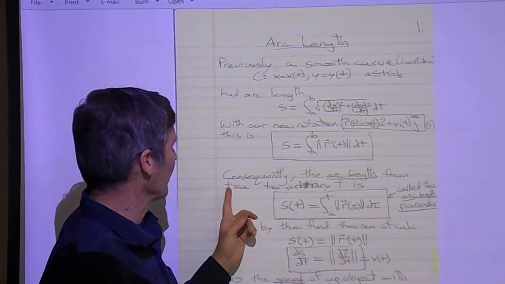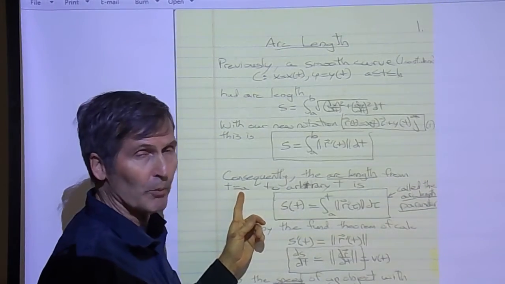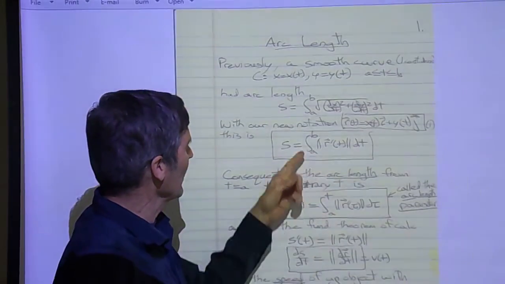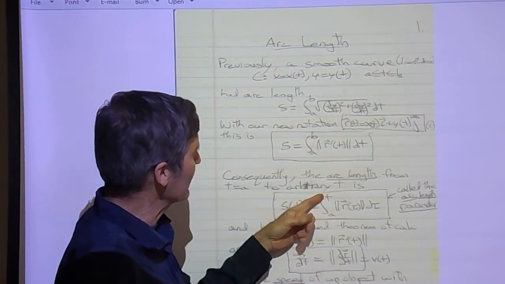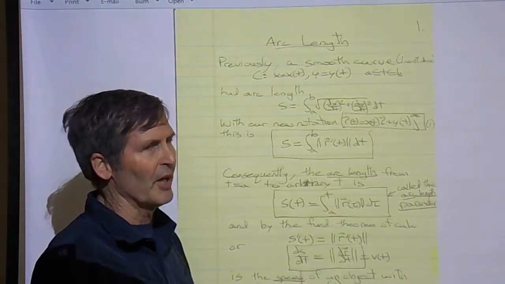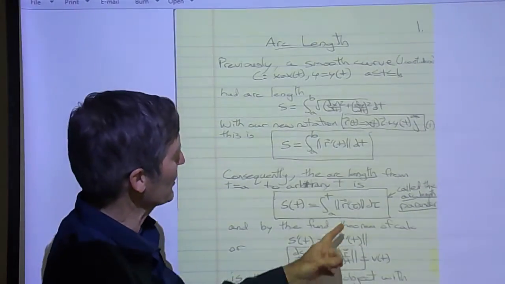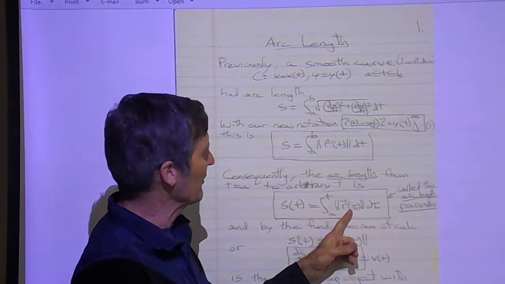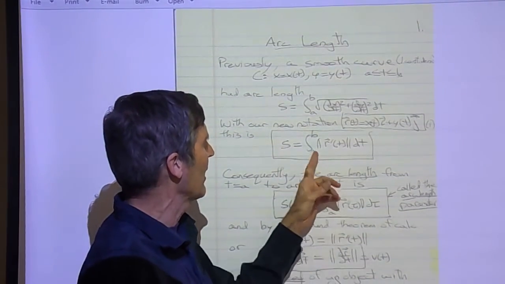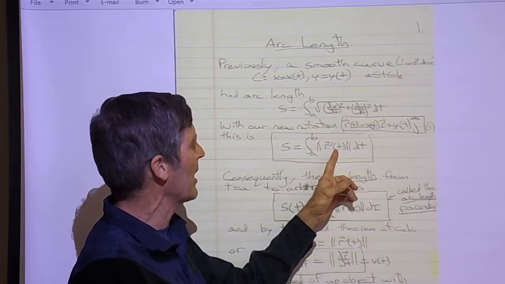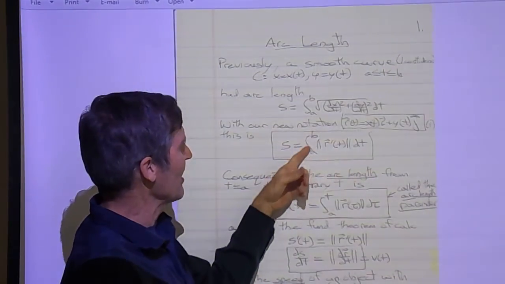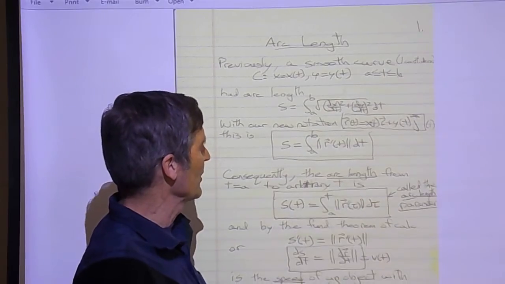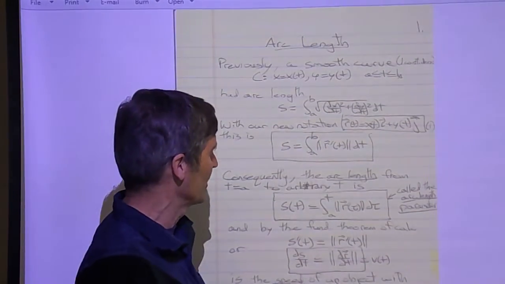Consequently, the arc length from t equals some initial point a that you pick to an arbitrary t is, well, instead of going from a to b, you just go from a to t. And then just to avoid a mathematical faux pas, you're not really supposed to put t in the integrand if you put t at the endpoint. So we'll change the dummy variable to tau. It doesn't change anything, right? I could just as well call this r prime of tau d tau, and it would be the same value because the independent variable falls out when you evaluate it at the endpoints.